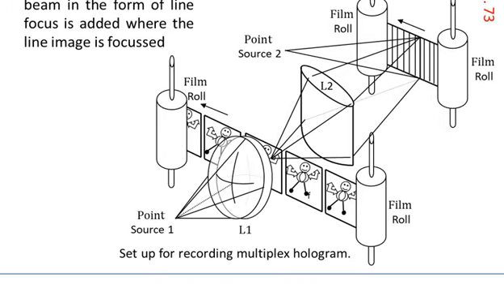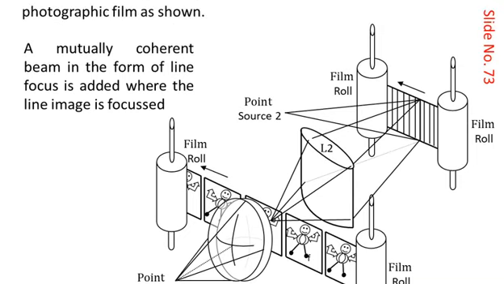These photographic negatives in the form of a film roll are passed one negative at a time, and the light after each of these negative transparencies is passed on towards the mirror and the cylindrical lens L2. This cylindrical lens L2 generates a line image of this object transparency at the film roll shown on the right side.